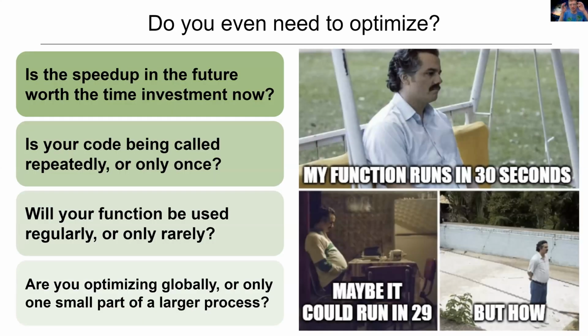But questions you should ask yourself: do you even need to optimize? If you've run a profile and broken a function down, that's the time to stop and decide whether there's any point in making it faster, right?